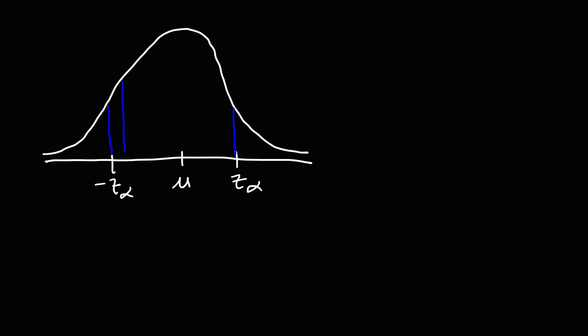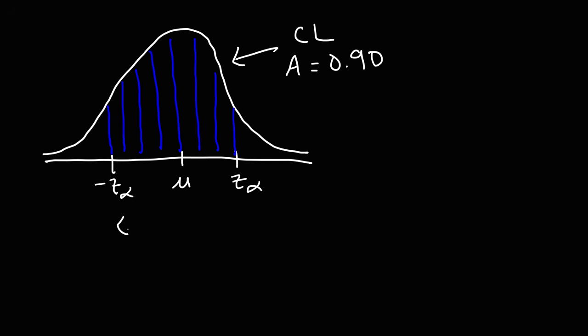So the area under the curve of the region shaded in blue, that's going to be our confidence level. So that area is 0.90. So the 90% confidence interval is going to range between these two values.